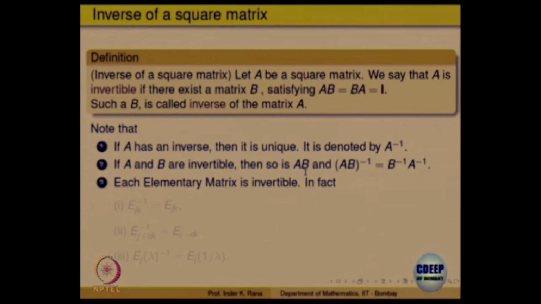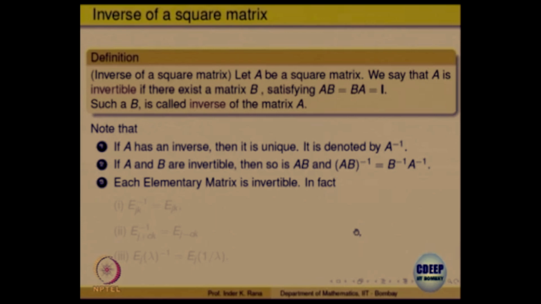Product of invertible matrices is again invertible, and the inverse of the product is the product of the inverses with the order interchanged: (AB) inverse is B inverse A inverse. So that helps you to compute inverses of products for invertible matrices. This also you should verify.